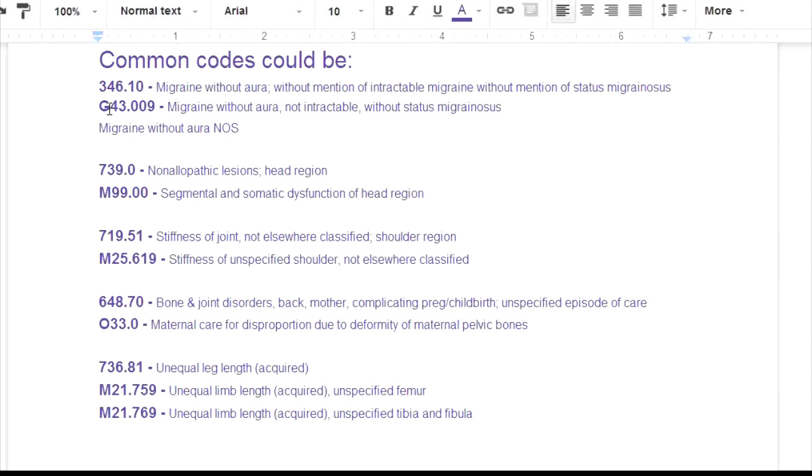But they go alphabetical, and sometimes they line up, and sometimes they don't. OB codes start with an O. Isn't that interesting? The codes for muscle or the musculoskeletal system start with an M. Cancer codes start with a C. Now, it doesn't always line up like that.